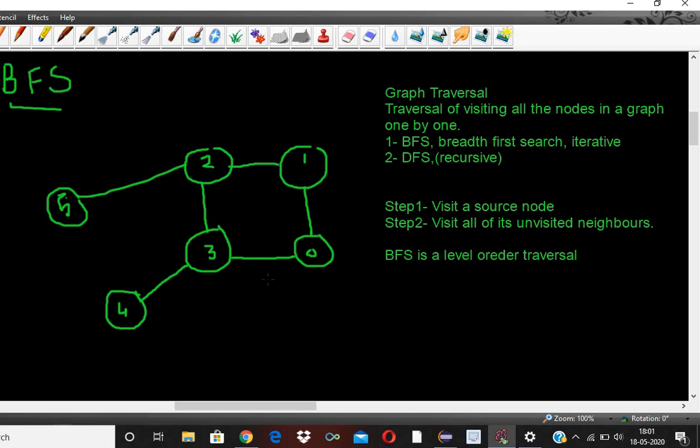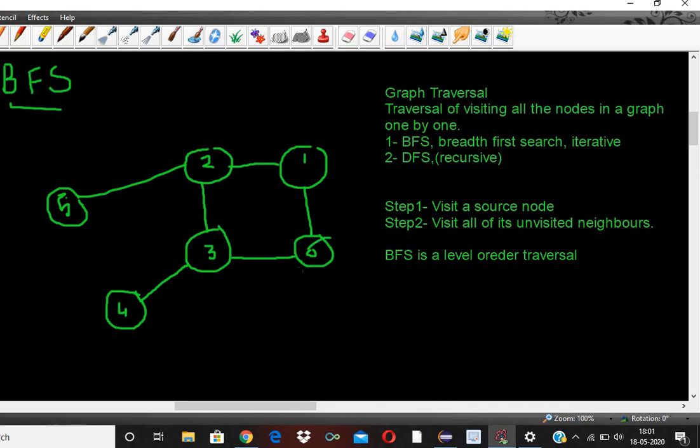By level order traversal I mean that I will visit the source vertex first, and then the neighbors at a distance of 1 unit, that is 1 and 3. In the next iteration I will visit the nodes at a distance of 2 units from source, that are 2 and 4, and similarly in the next iteration the vertices at a distance of 3 units from source, that is 5.